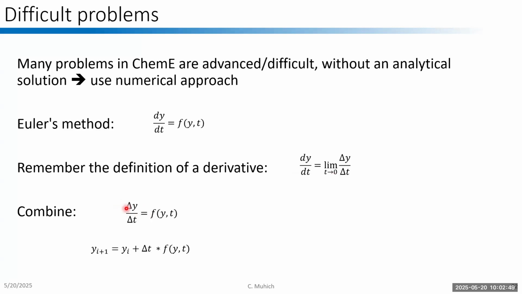So we're going to say that this change in y with respect to t is equal to that function that we're given. And so what is the change in y? Well, it's y at i+1 minus y at i. So I can rearrange this equation by moving Δt over to the right-hand side of the equation and leaving me with Δy here, where we have y_(i+1) = y_i + Δt times f(y,t).